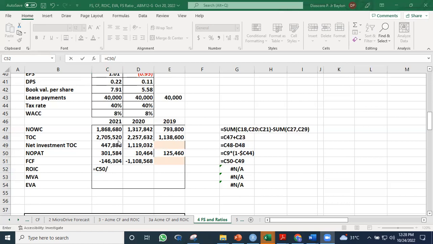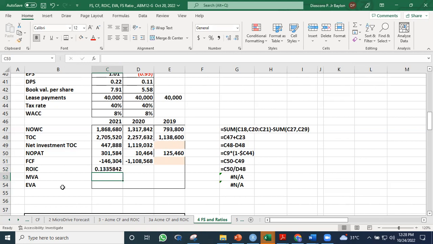So magkano yung total operating capital na binigay sa management nung simula ng taon? Binigyan sila ng 2.257 million and then nakapag-generate sila ng 301,584. There. Okay, gawin ko na lang tong percentage. Okay. Tapos, yan.